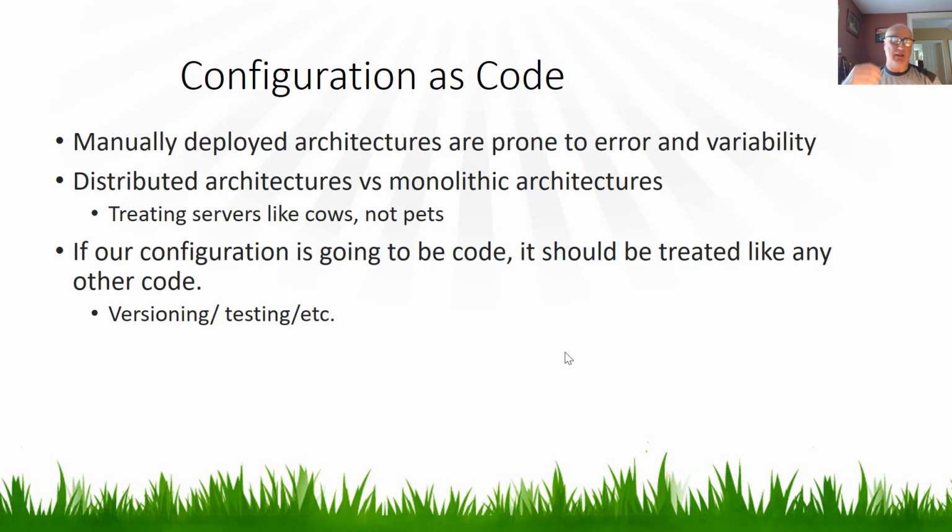Configuration is code. This is the subject of this class, in large part. But it's hard to overstate how important this is. The only kind of architecture that can support large scale, web scale applications is a distributed architecture.